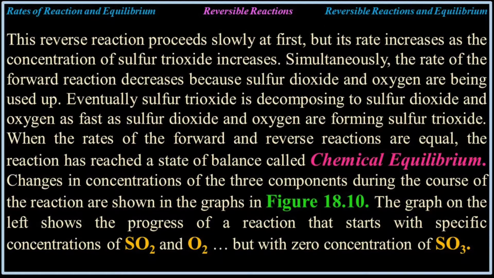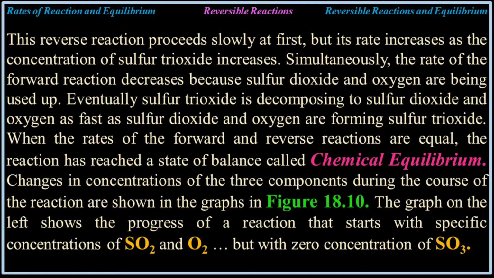Eventually, sulfur trioxide is decomposing to sulfur dioxide and oxygen as fast as sulfur dioxide and oxygen are forming sulfur trioxide. When the rates of the forward and reverse reaction are equal, the reaction has reached a state of balance called chemical equilibrium. Changes in concentration of the 3 components during the course of the reaction are shown in the graphs in figure 18.10.